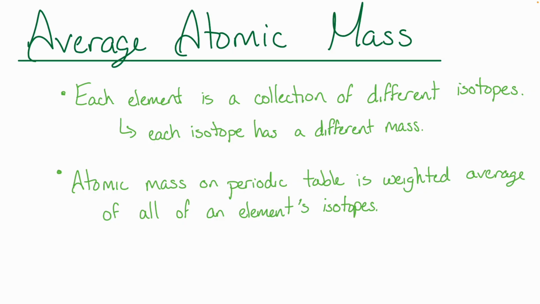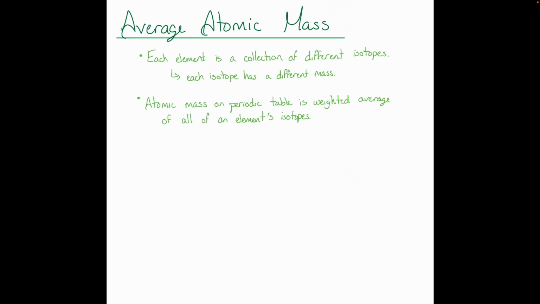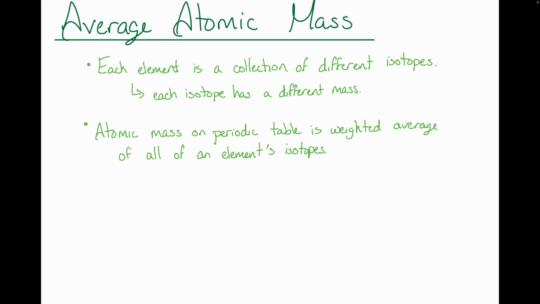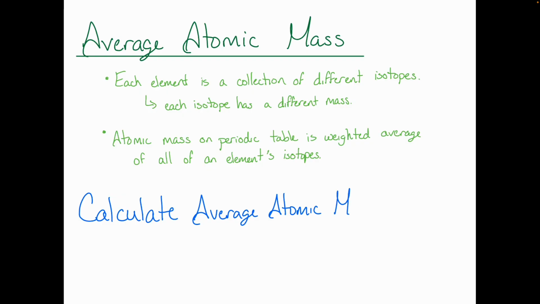All right, and this weighted average calculation is what we're going to learn how to do here. All right, so we can kind of just header this if we want. We're going to learn how to calculate average atomic mass, or what I'm going to simply refer to from here on out as AAM.